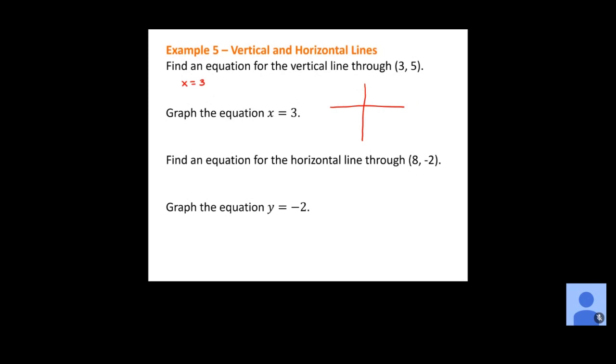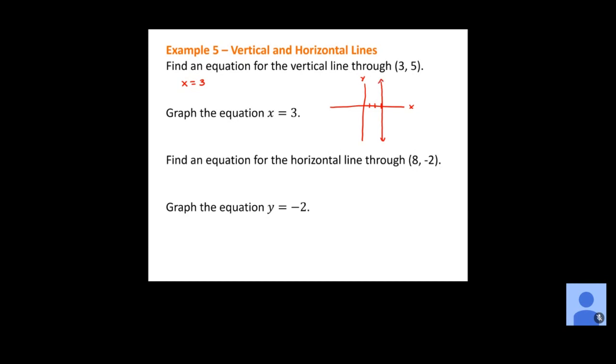So I know I want to be at x equals 3. So this is my x-axis. This is my y-axis. So I'm going to go over positive 3. And then what type of line are we going to have here? It's going to be a vertical line, good, which means it's straight up and down. So now I'm going to graph my line through 3, vertical line.